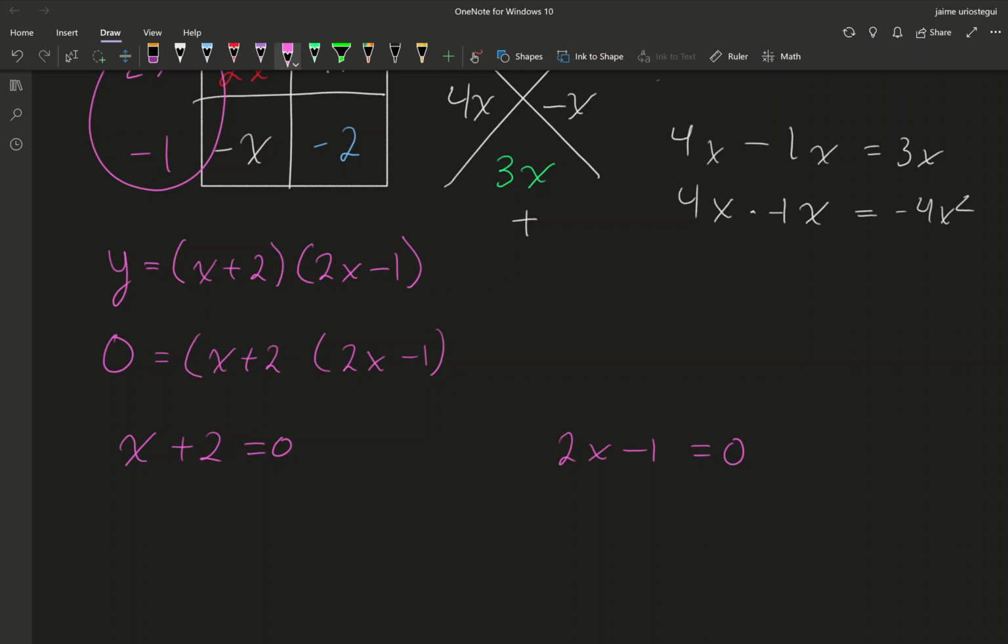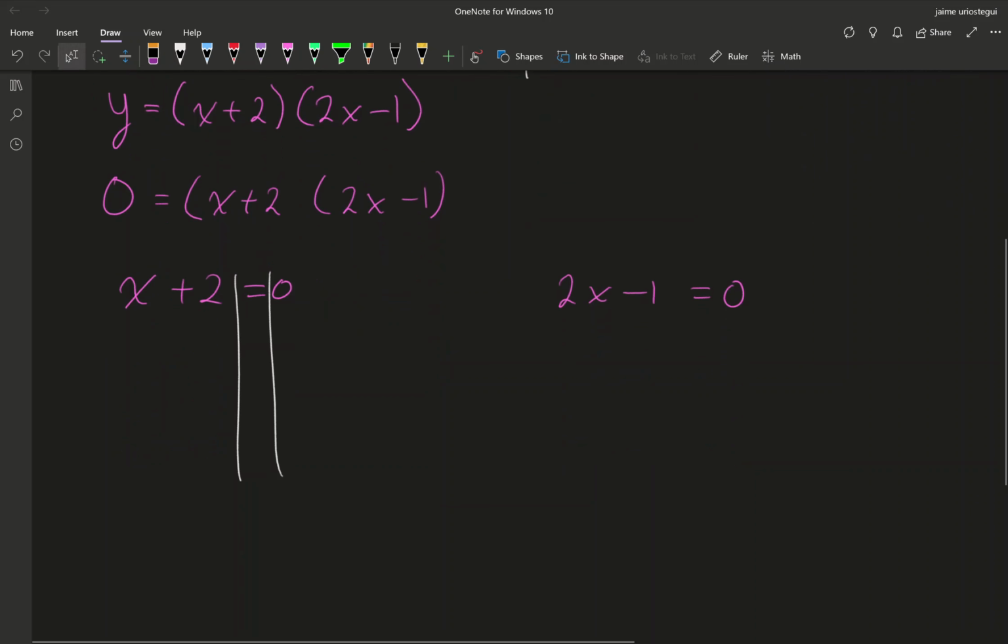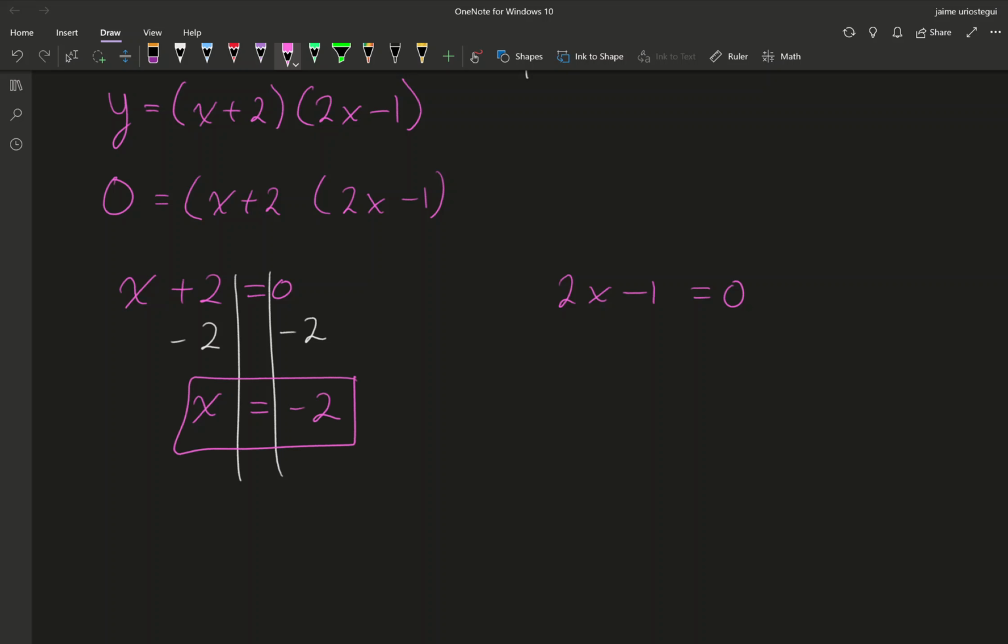So now we just need to solve for x. I'll set up these little train tracks here. Subtract 2 from both sides. So we get x equals -2 as one of our solutions. And over here, we add a 1. We do the inverse operation.